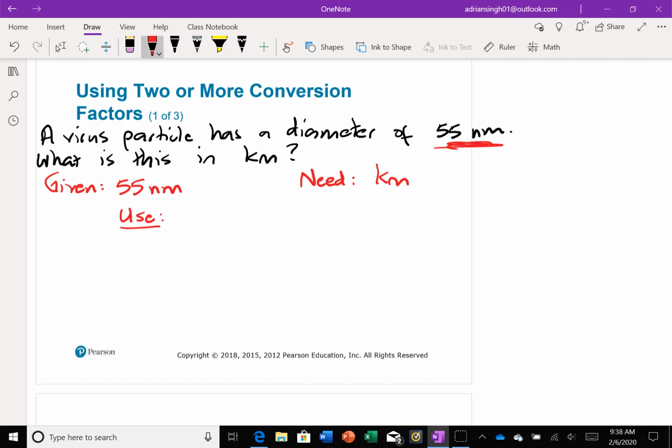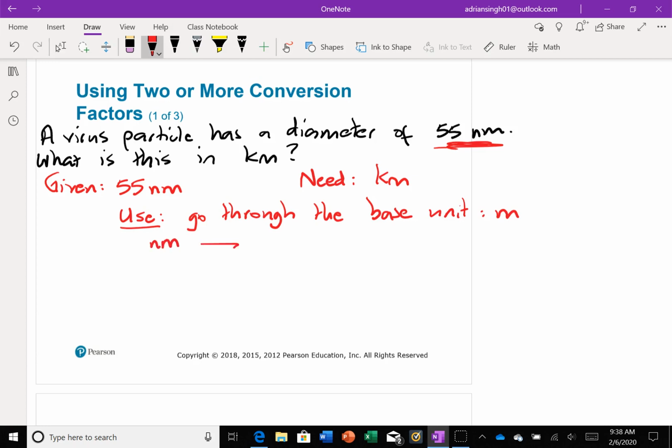Now, you may not know how many nanometers there are in a kilometer, but what you should know is how those metric prefixes nano and kilo compare to the base unit of length, which is meters. So we're going to go through the base unit for length, which is meters.